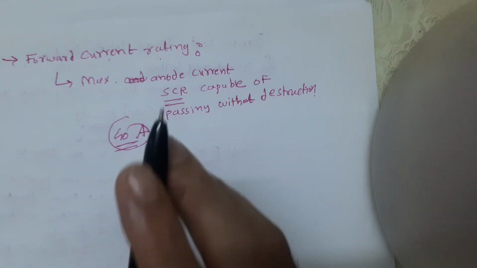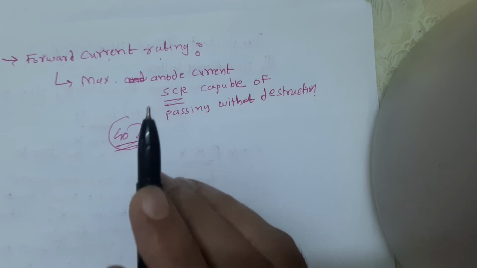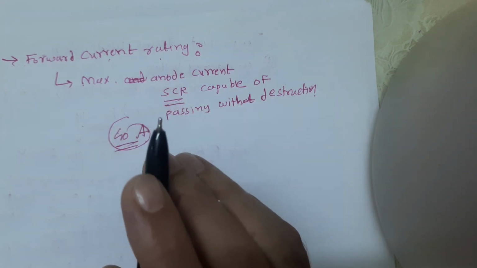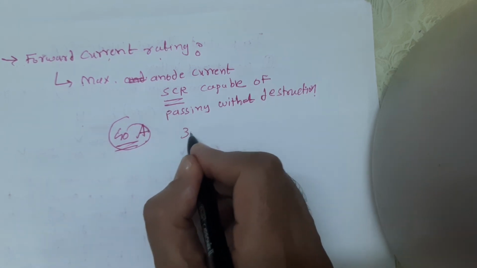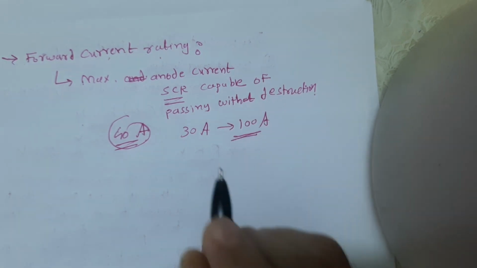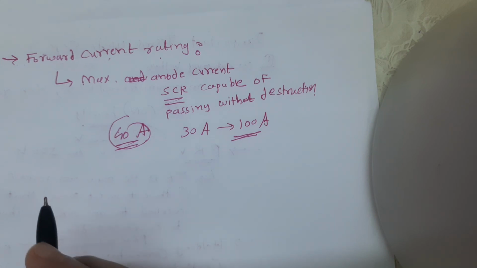Any attempt to exceed this value will result in the destruction of the SCR. Commercially available SCR have forward current rating from 30 ampere to 100 ampere.